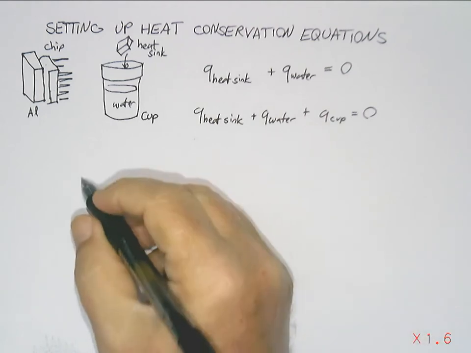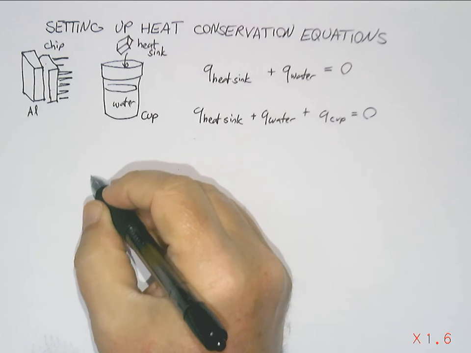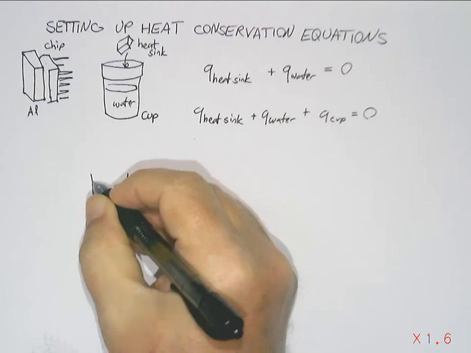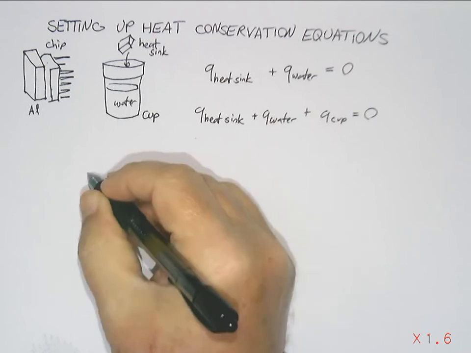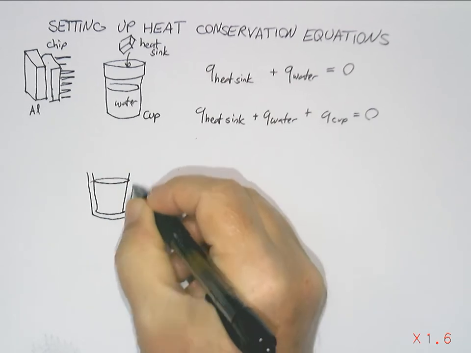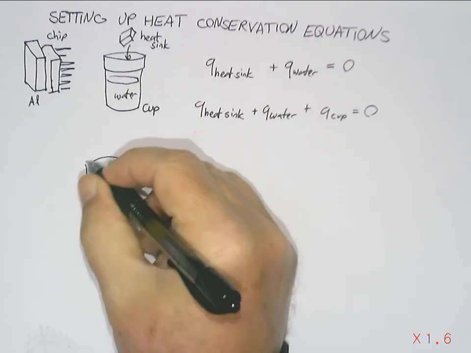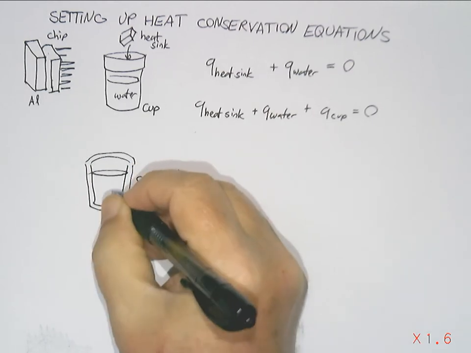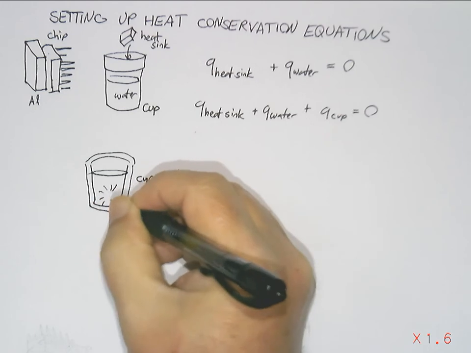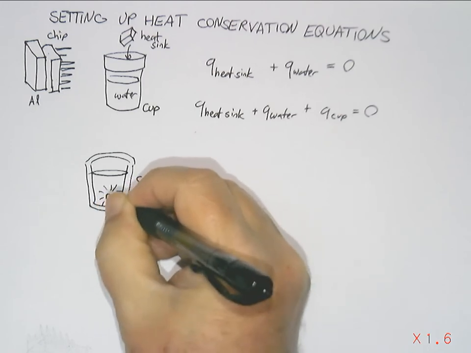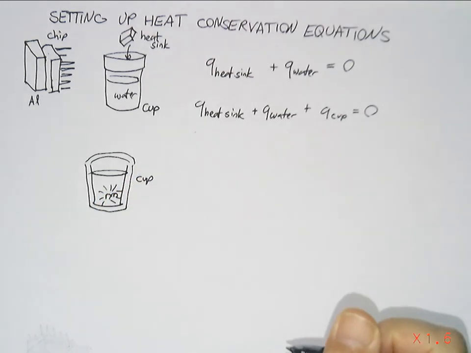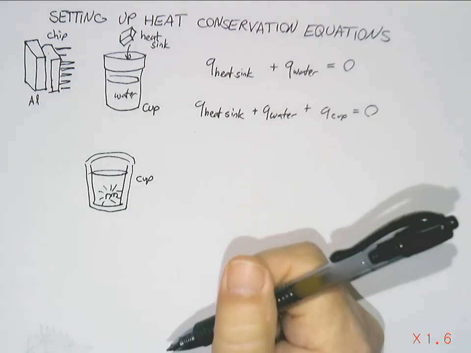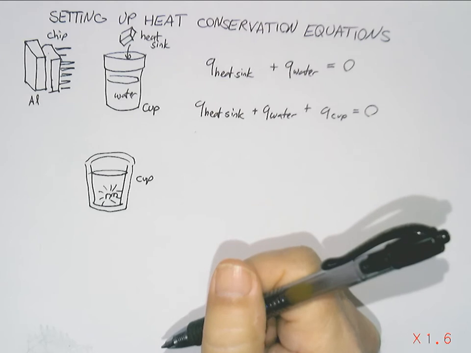Now, what if I had, and this is a problem we're going to do a little bit later, a reaction running inside of a cup. So here's the cup. It's part of my system here. I have a reaction running inside here that's producing heat. I'm going to say RXN is my abbreviation for reaction. Now, I might have got that reaction started by mixing an acid and a base solution.